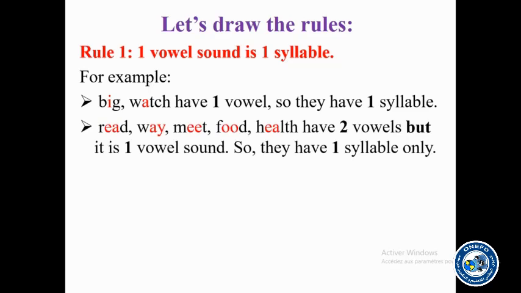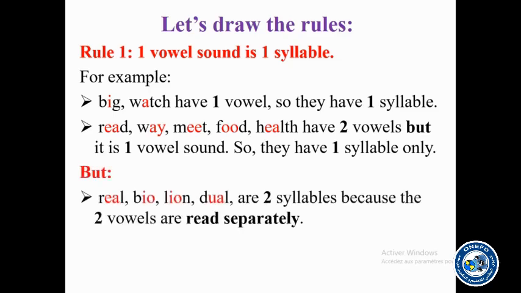Sometimes there are 2 vowels, but it is 1 vowel sound. Read, weigh, meat, food, health. They have 2 vowels, but they are pronounced together, so it's 1 syllable only.